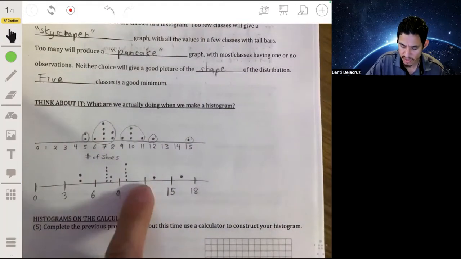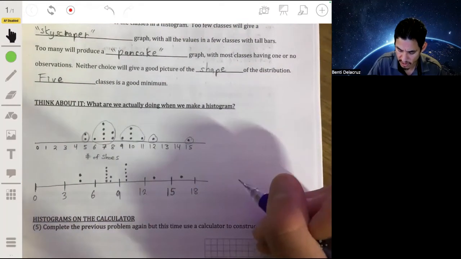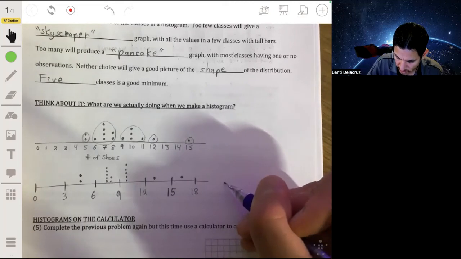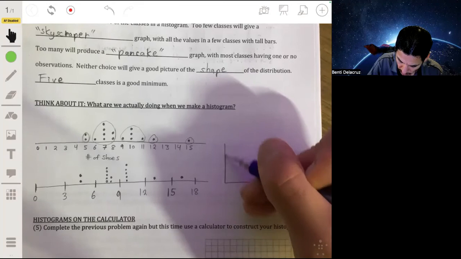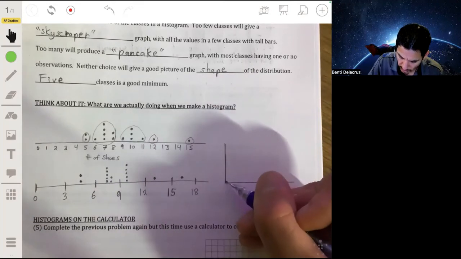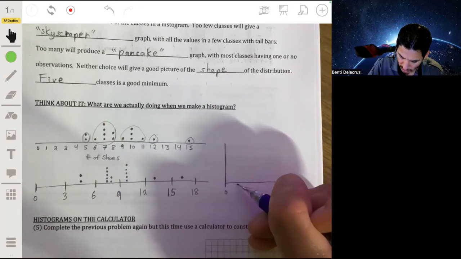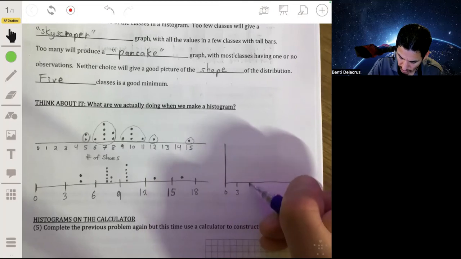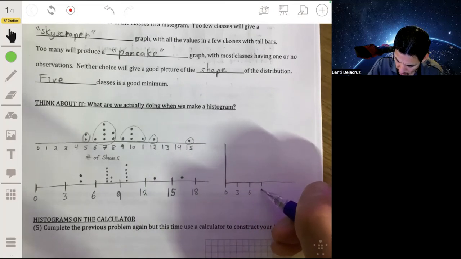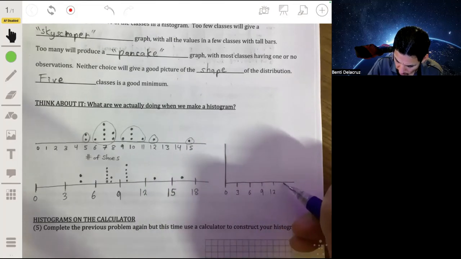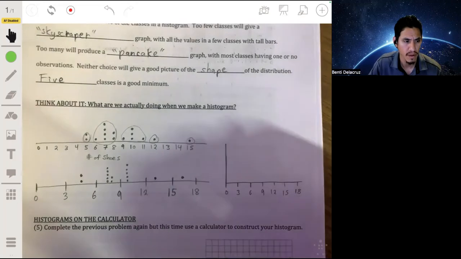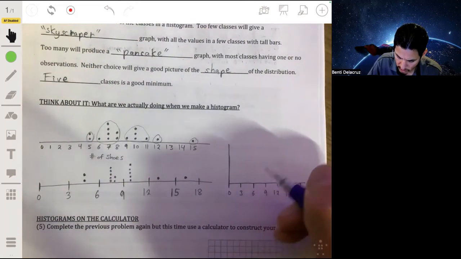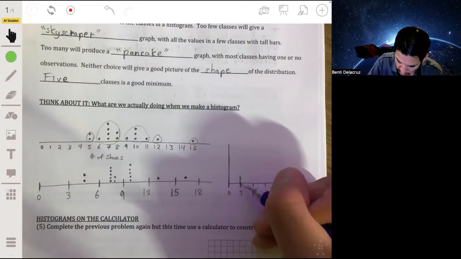And then we convert this into bars, basically. So it would look something like this. We would have, again, 0 to 3, breaking it into 0, 3, 6, 9, 12, 15, 18. Here we would have 2, so a height of 2, let's say.